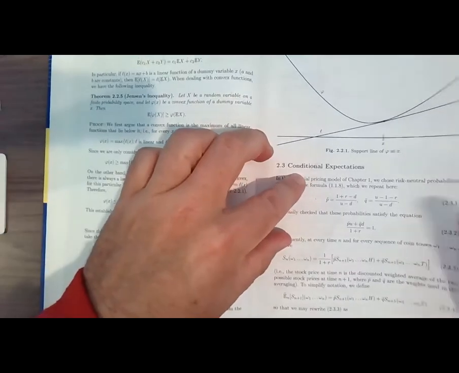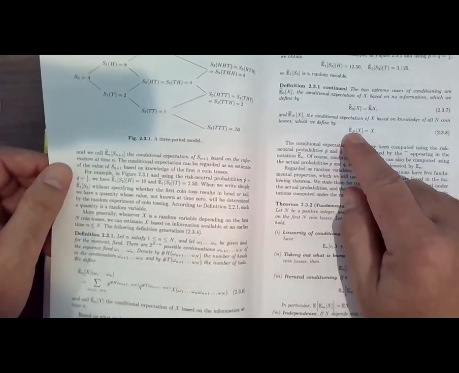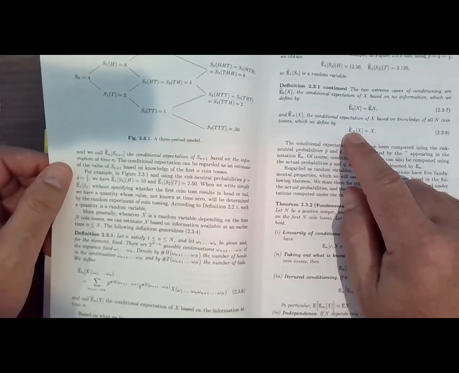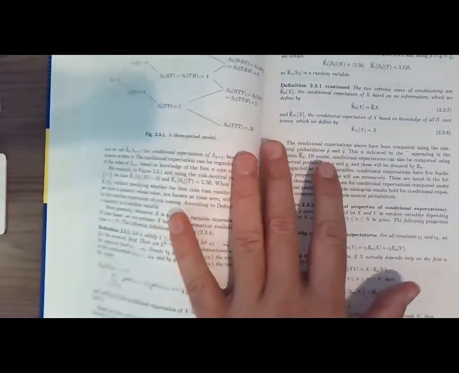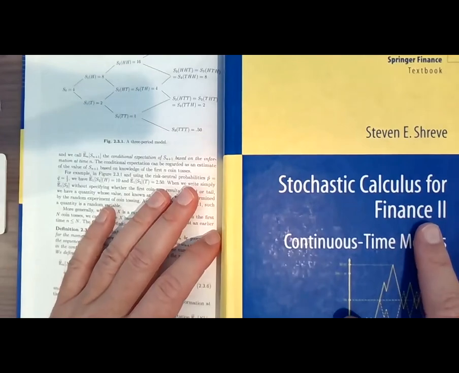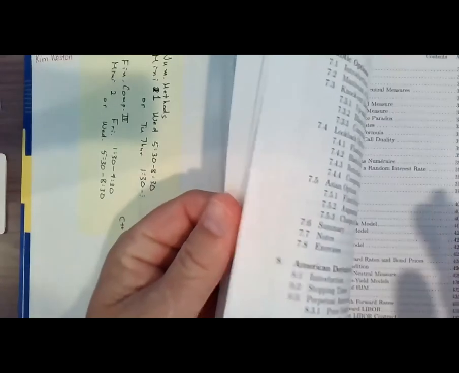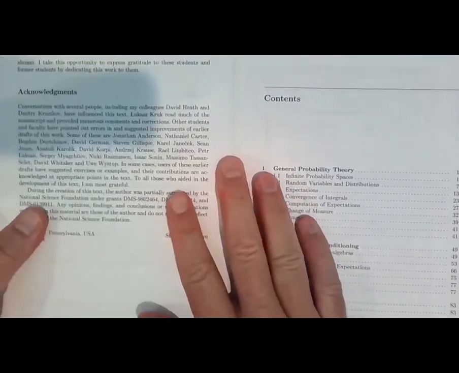Now he's getting into conditional expectations, and you can see there's an n sitting here. This stuff is in here, and there's not so much in here, but there's a lot more in his second volume. And you're going to need this book anyway for the next course in 622 and 623.